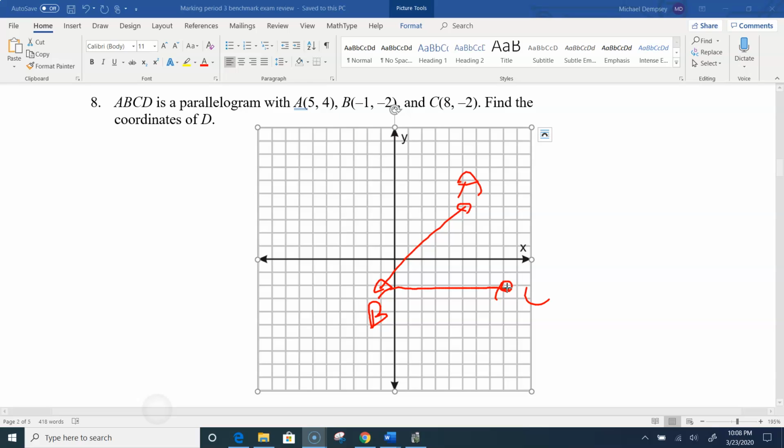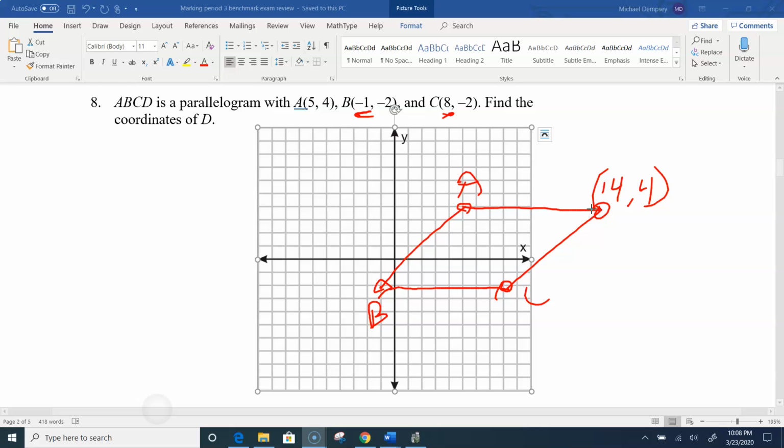B goes from -1 to 8, so it has a length of 9. So from A, I would want to go 9 units to the right of where 5 is. So 5 plus 9 would be over here at 14, and still 4. That would be one answer.